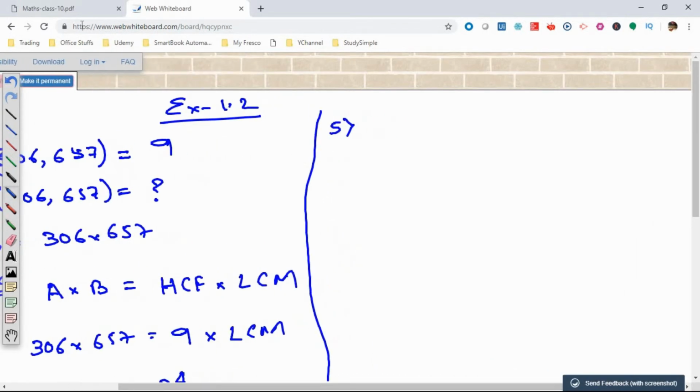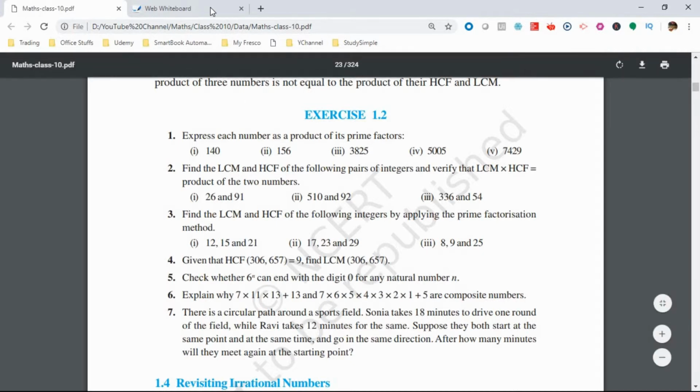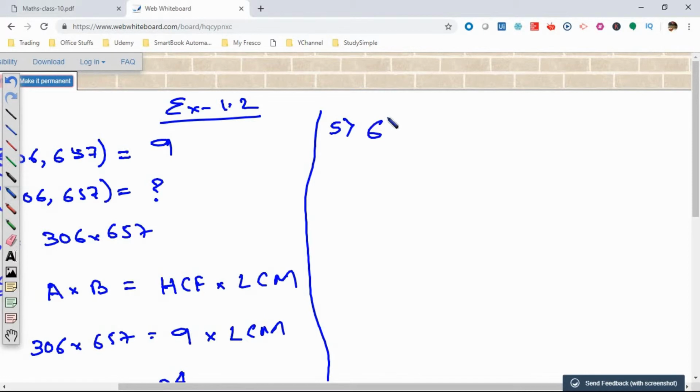Let me solve the fifth question for you. The fifth question says to check whether 6 to the power of n can end with the digit 0 for any natural number. Now if any number ends with a 0, it should be divisible by 10, or in other words, divisible by 2 and 5, because 10 equals 2 into 5. The prime factorization of 6 to the power of n becomes 3 into 2 to the power of n.